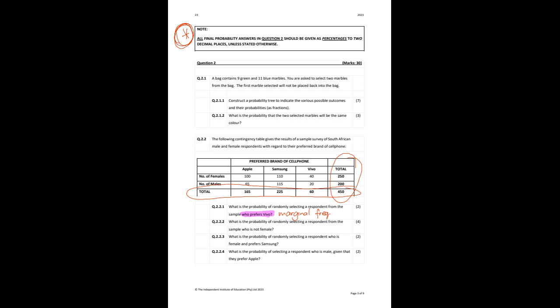Then the next one says to you, what is the probability of randomly selecting a respondent from the sample who is not female? Immediately when you see the word not, it signals to you that this is the complementary rule.